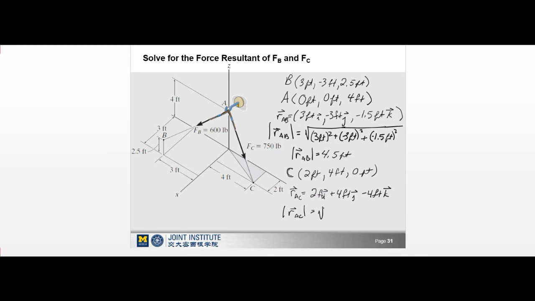Okay, so for this we'd have 4 feet squared plus 16 feet squared plus 16 feet squared. So that's 36 feet squared. So the magnitude RAC is equal to 6 feet.